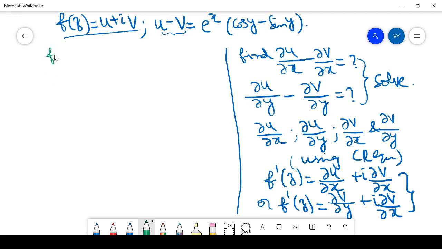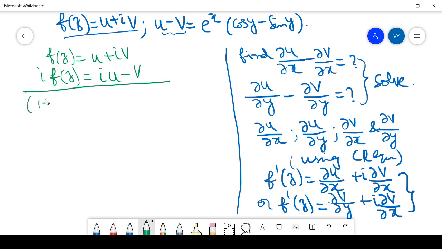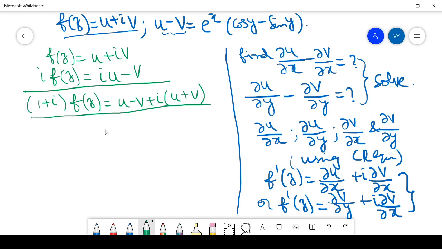So f(z) is u + iv. Now I f(z) will be iu − v. When I add these two, I will have (1 + i) f(z) = (u − v) + i(u + v). So u minus v has become the real part of the function (1 + i) f(z).